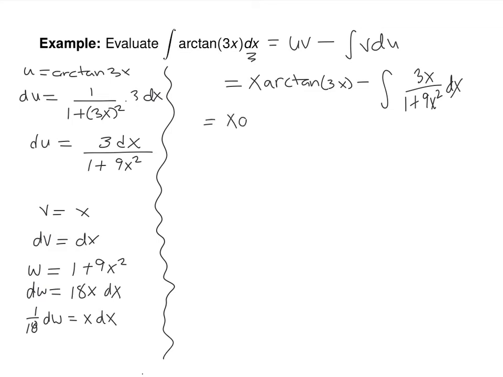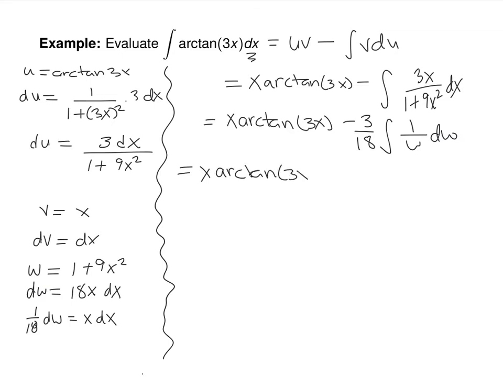So that's x arctan of 3x minus 3 over 18 integral 1 over w dw. Now 3 over 18 reduces to a 1/6. So minus a 1/6.